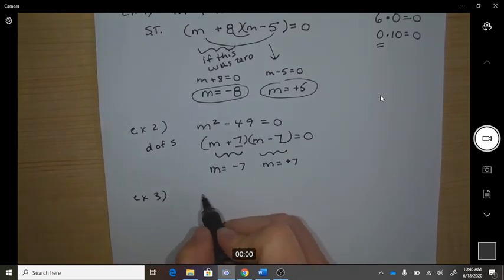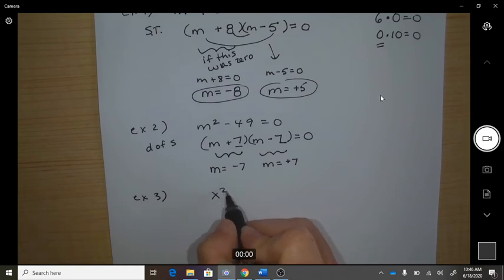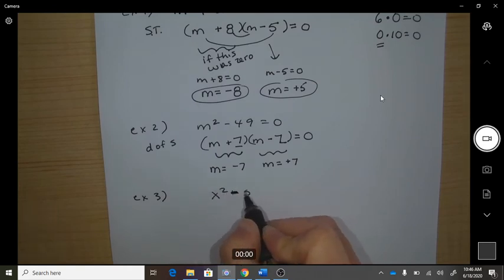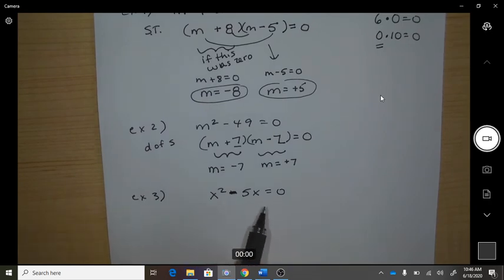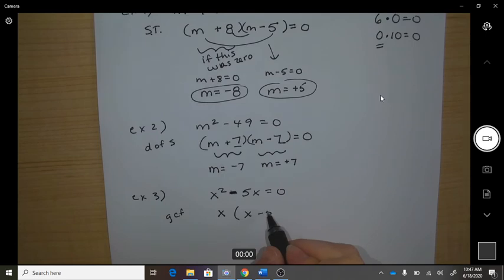Okay, next, let's go x squared minus 5x equals 0. Okay, so what style of factoring does this look like? GCF. So what can I divide out of every single term? I can take out an x. If this gets divided by x, then you would have an x. If this gets divided by x, you would have a minus 5.